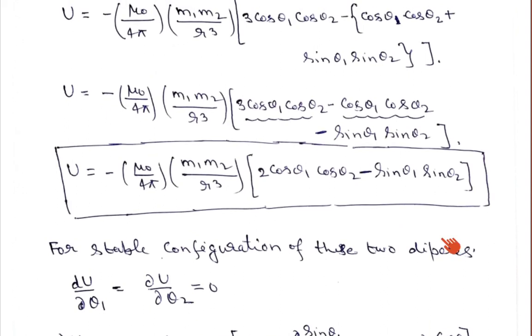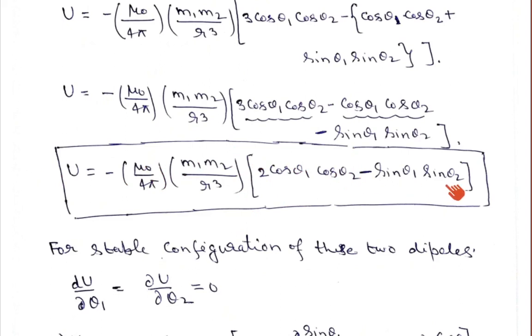If we further solve, we get U equal to minus mu 0 upon 4 pi m1 m2 upon r cube. Opening the bracket, 3 cos theta 1 cos theta 2 minus cos theta 1 cos theta 2 and minus sin theta 1 sin theta 2. The 3 cos theta 1 cos theta 2 and minus cos theta 1 cos theta 2 give 2 cos theta 1 cos theta 2, and then minus sin theta 1 sin theta 2.